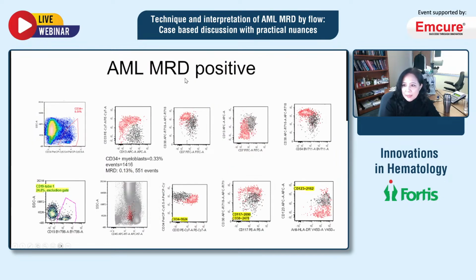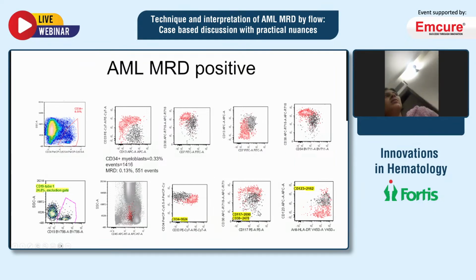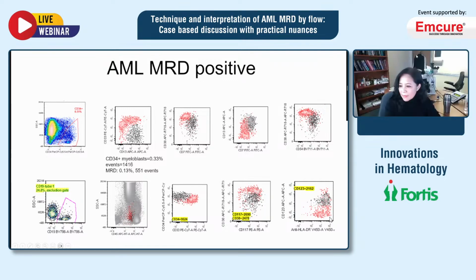Right, so this is another AMRD positive case, you have a lot of regenerating cells, the normal precursors, but then this is not difficult because the CD7 positive, again, it's on the CD13 positive cells. So they're on the CD38 lower ones. And the 54 is also increased, the CD33 decreased, and CD117 is not high. And then 123 is increased.